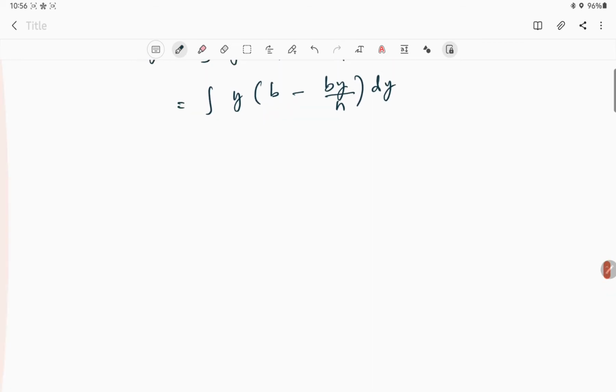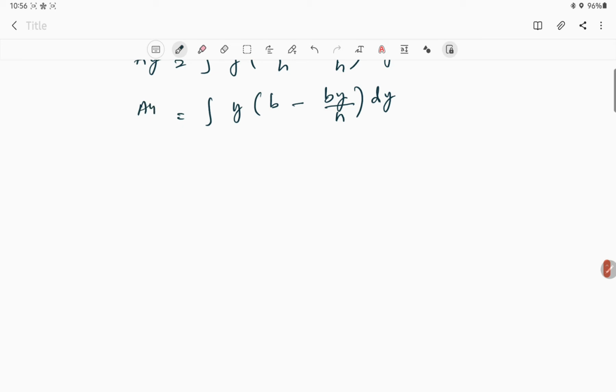So what we will do here is, we will try to take this y also in the integration. So this is all integral, 0 to h, b y dy minus integral b y square by h dy, this is 0 to h. Why am I taking 0 to h? Because it is dy.